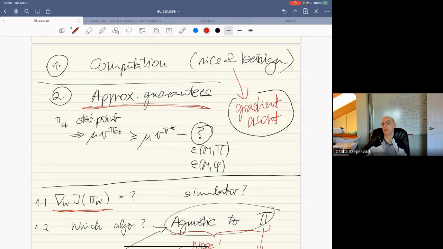And you might ask, if the optimal policy lies within the class, so that's the second case, can we get approximation guarantees for the stationary points? The other question is, if for all policies somehow something nice happens, what does it correspond to, that the action value function lies in the span of the features? We need to talk about that. If something nice happens for every one of the policies, then maybe you can get some results similar to what we had before.